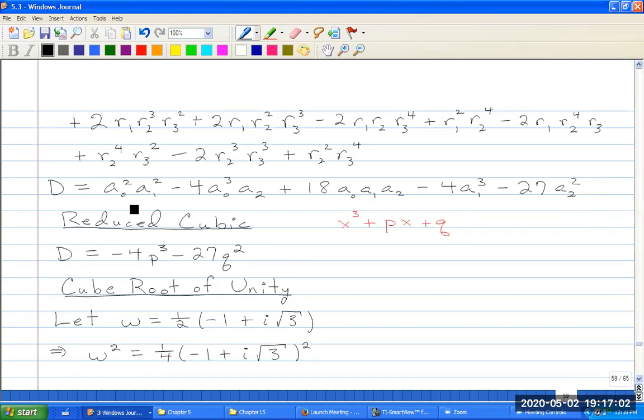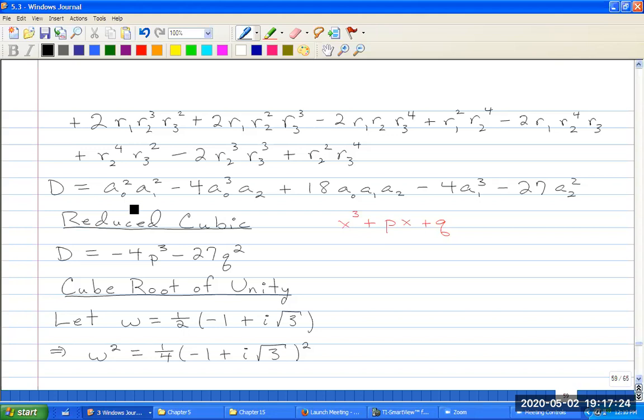So what you notice is that for any discriminant, even though it's written in terms of the roots, you can actually rewrite it by some algorithm to be in terms of the coefficients of your polynomial.